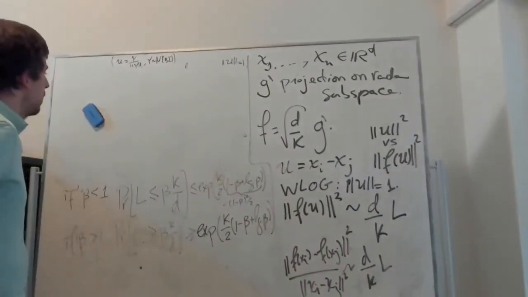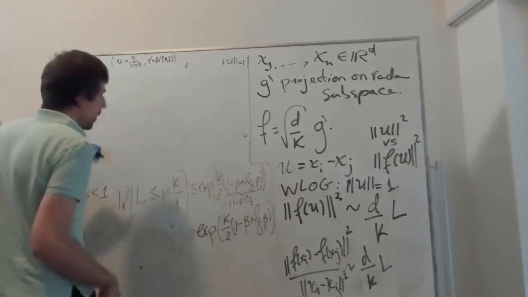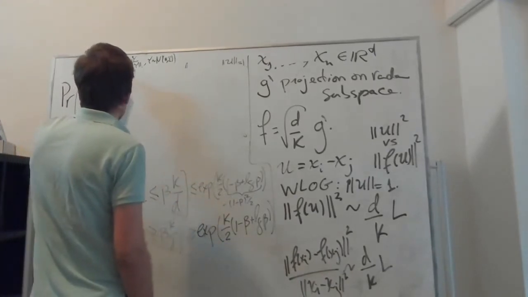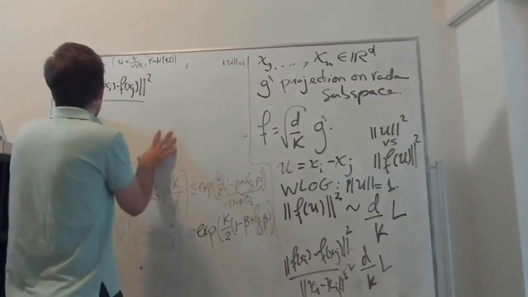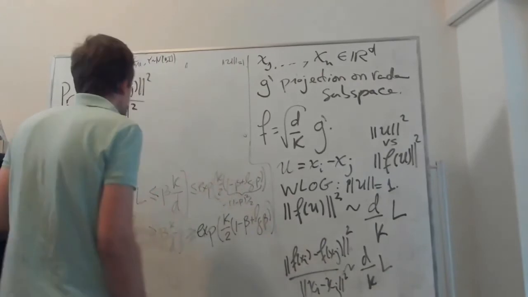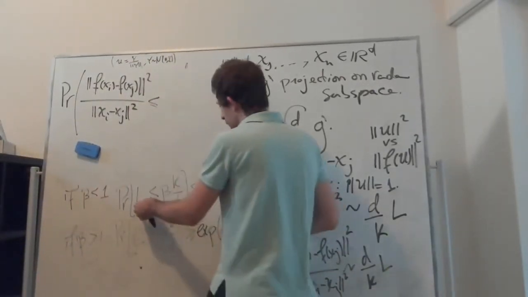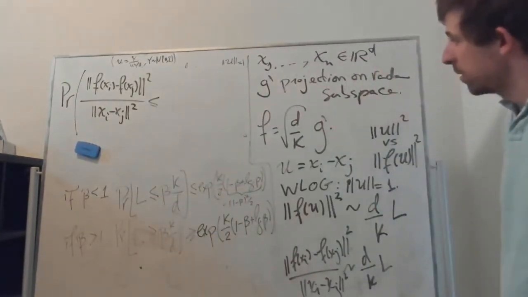I have that the probability that that quantity, for a fixed xij, of course, is smaller or equal, because now this is L times D over K, so I can take out this one.